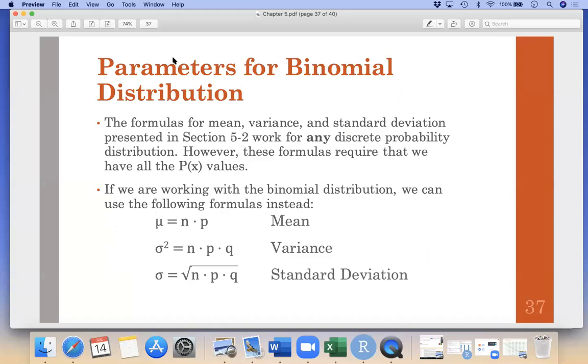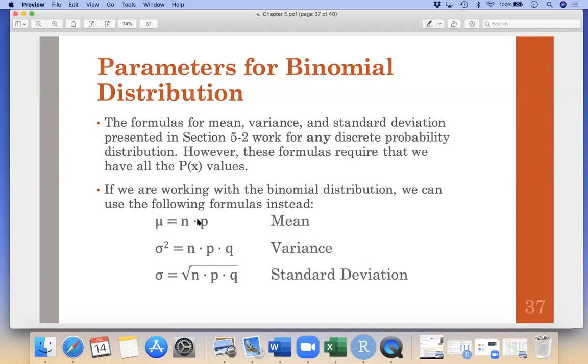I told you if it's parameters, then we cannot write x bar or s squared. If it's about parameters, then it's about our population. So this is population parameter.